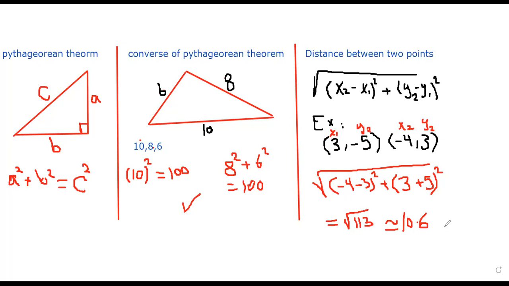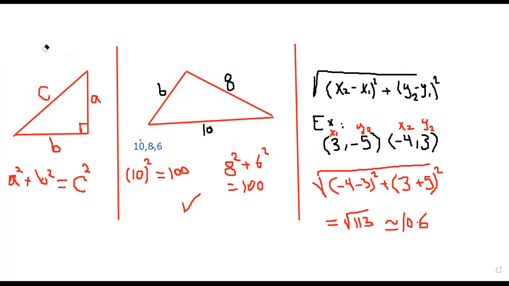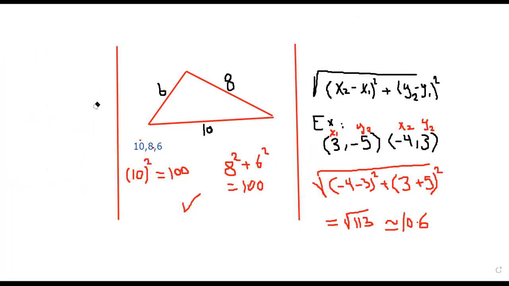So this is what we already studied in this chapter. First, the Pythagorean theorem. Second, the converse of the Pythagorean theorem, and the distance between 2 points. Also, we can use the Pythagorean theorem in a coordinate plane to find the length of the hypotenuse. We also discussed how to use the Pythagorean theorem in word problems.